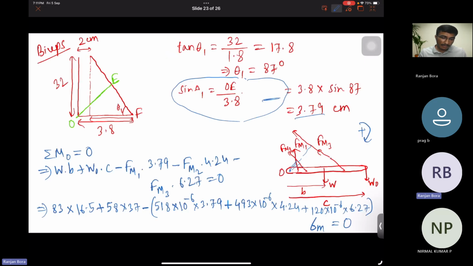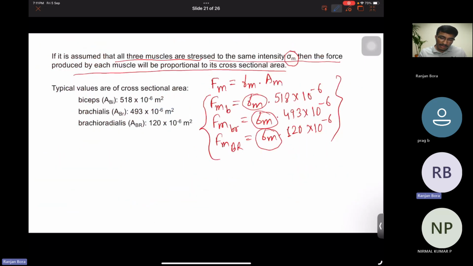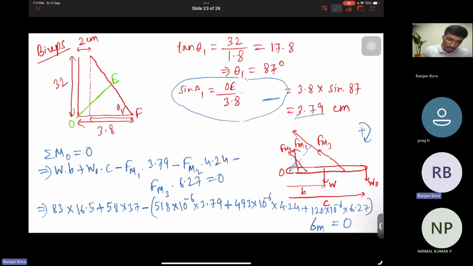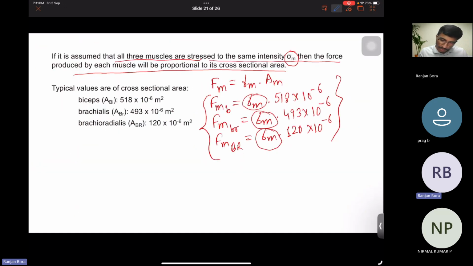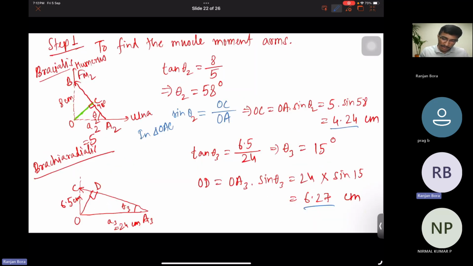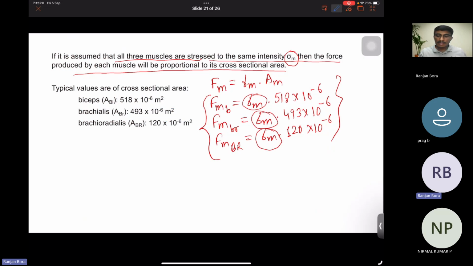So using the sigma M, we can find the muscle forces here. If we substitute the sigma M here, then FM1 will be 518 into 7.31, and this is 10 power 5, and here it is 10 power minus 6, so it will be 10 power minus 1.